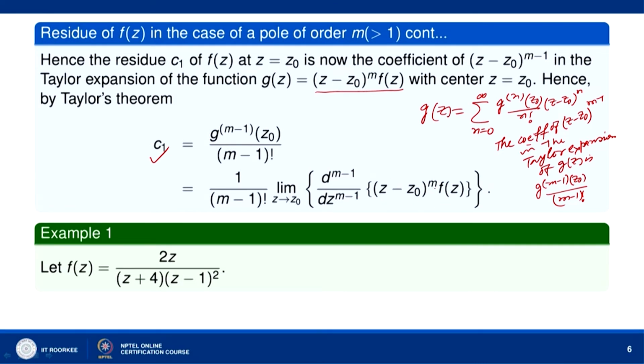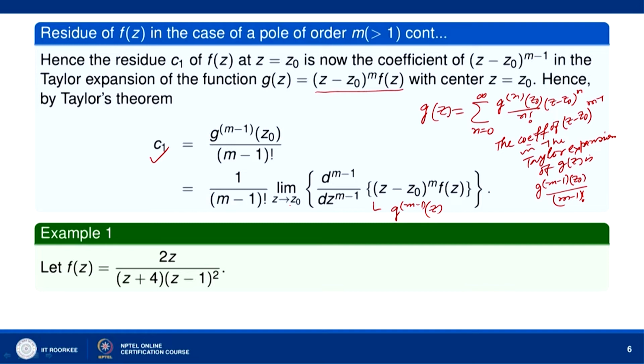So, directly we cannot put z equal to z naught; we should take the limit as z tends to z naught. So, C1 is 1 over (m minus 1) factorial limit z tends to z naught of g^(m minus 1)(z).